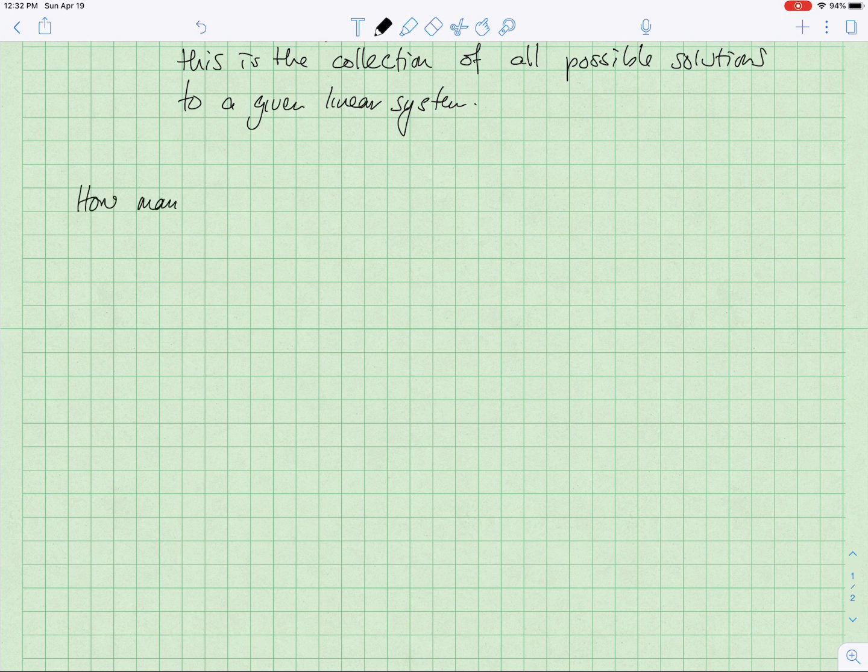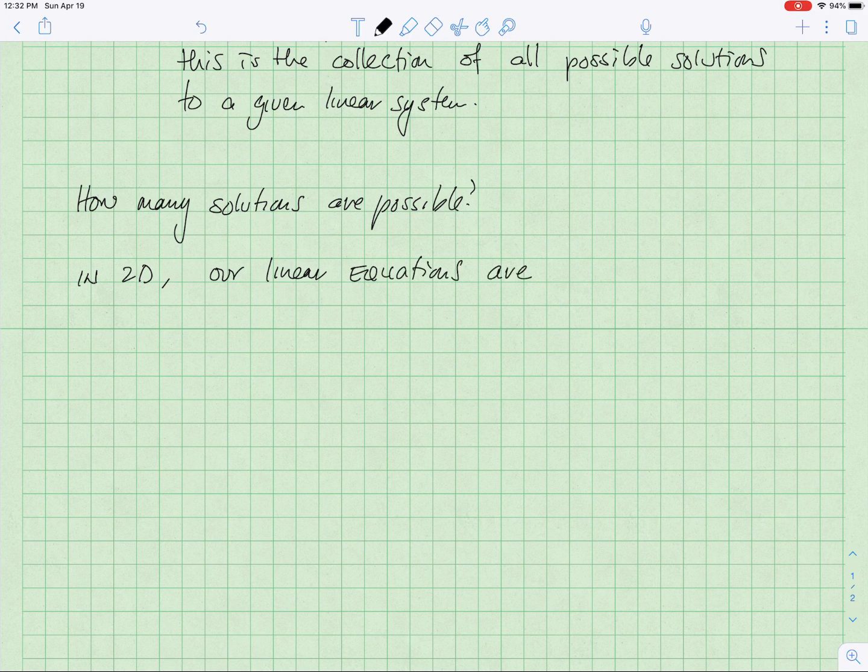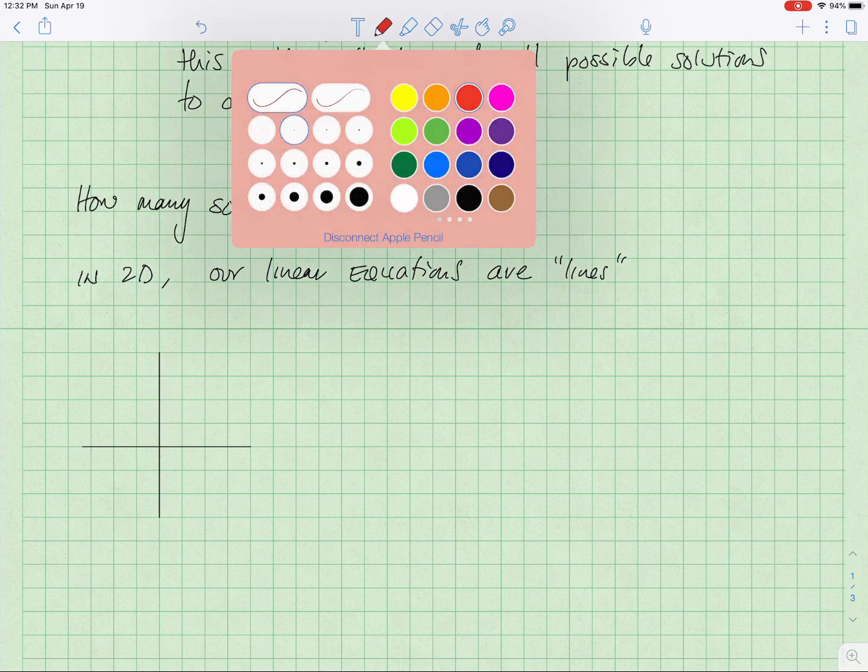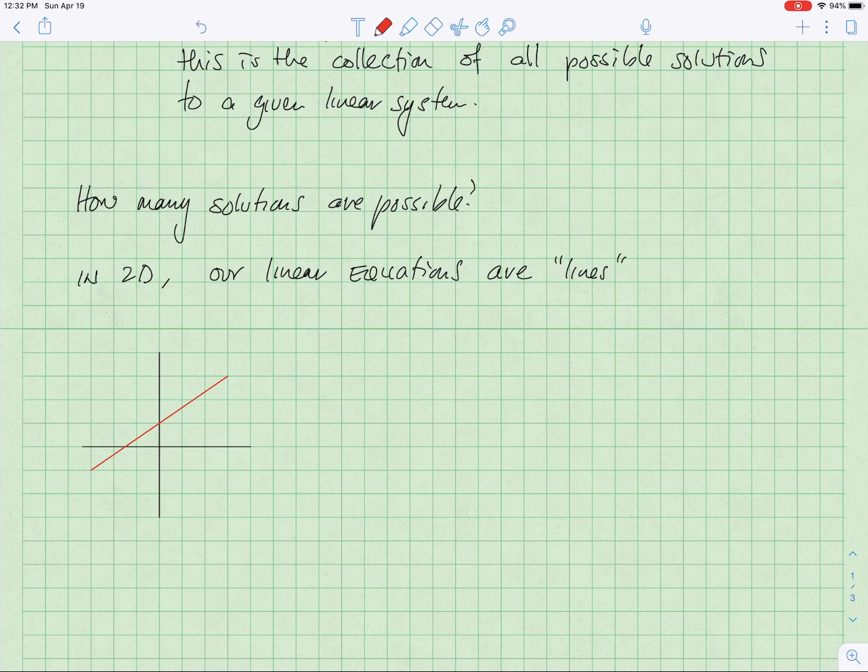So, how many solutions are possible? Well, in 2 dimensions, our linear equations are lines. So if I have a system of 2 equations, and I draw a couple of lines here. Here's one line. Here's another one.